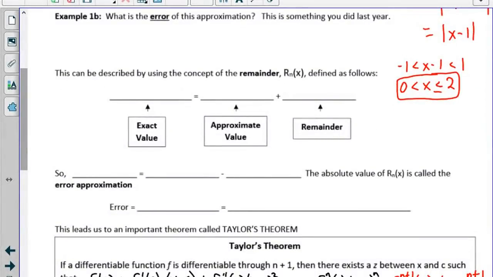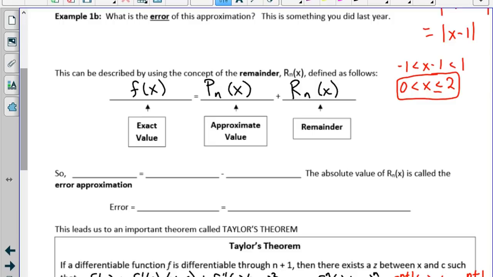So we can describe this using the remainder, which is defined as follows. We have some function, and that is equal to the polynomial, which is our approximate value. And then we have some remainder that is obviously missing.